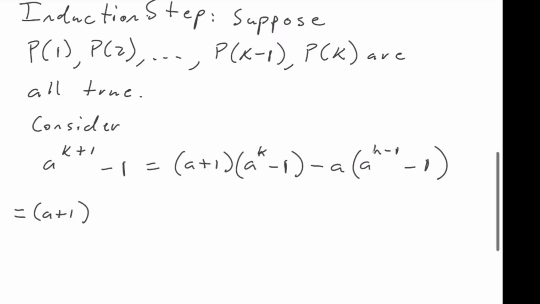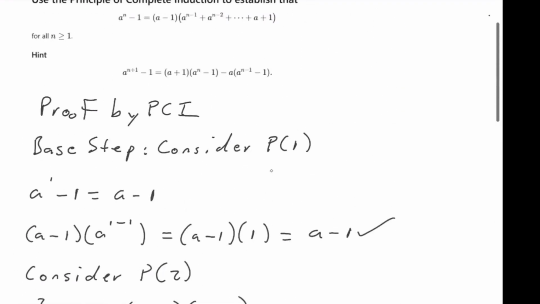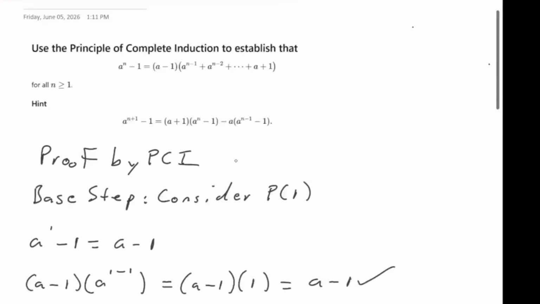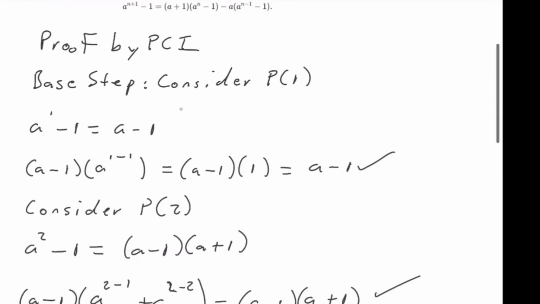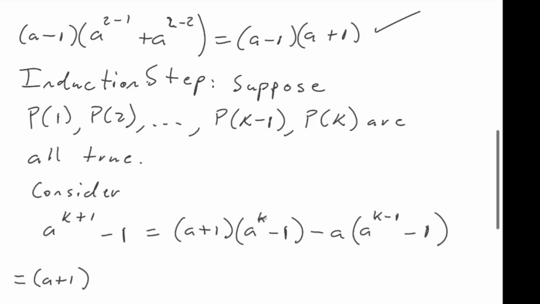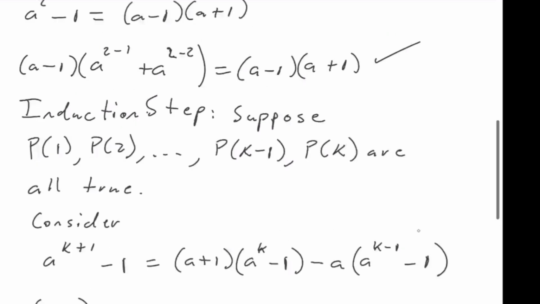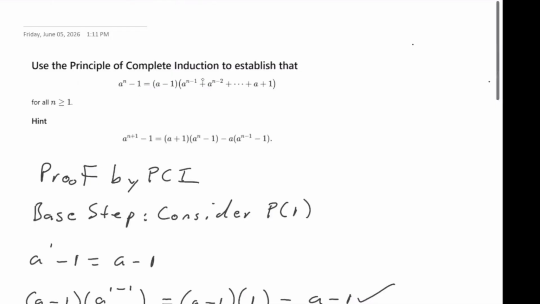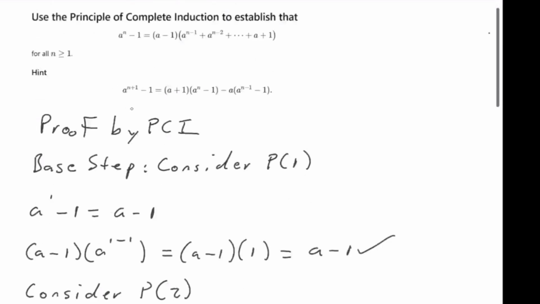K, k. Okay, so now remember our induction step, we assumed that this formula was true for 1, 2, all the way to k minus 1 and k. And look, we have k and k minus 1, a to the k minus 1 and a to the k minus 1 minus 1. See that? So we can assume that this formula works for those two, right?